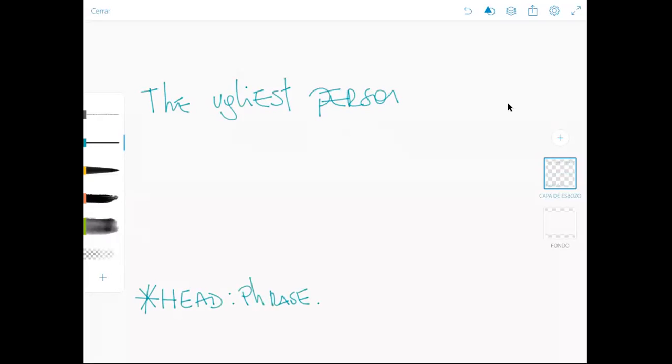Then the head, its definition might be, it is the most important and obligatory element.